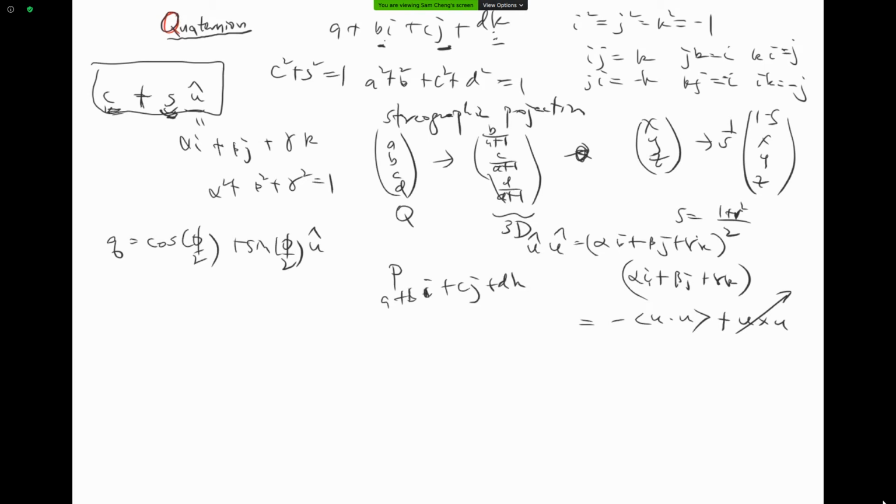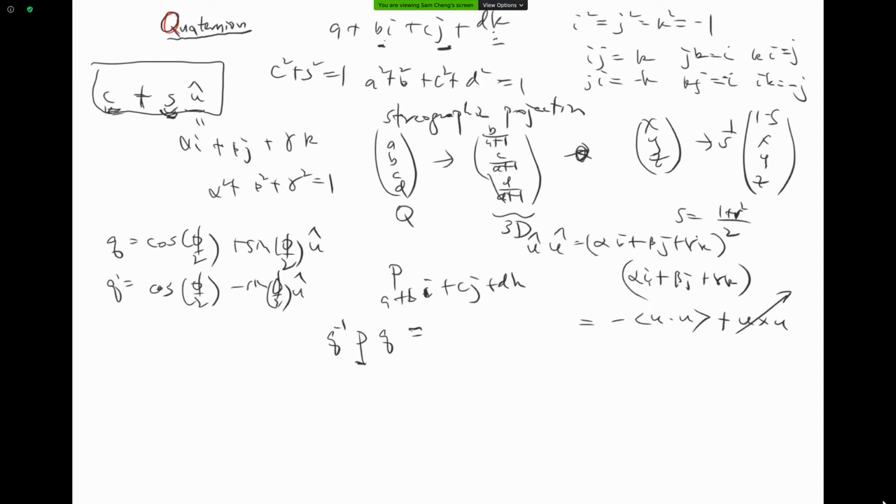And this p times q inverse, again q inverse is just equal to cosine phi over 2 minus sine phi over 2 u here. We will show that this is actually just equal to rotating p.